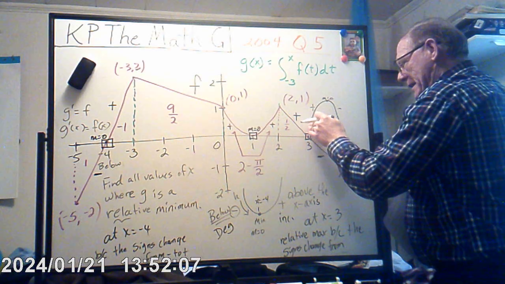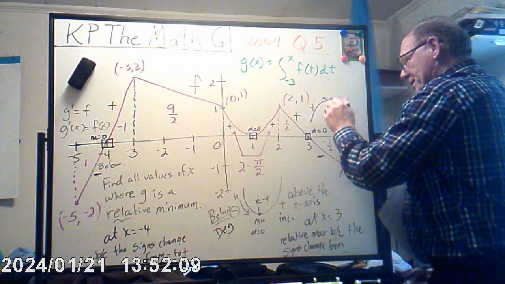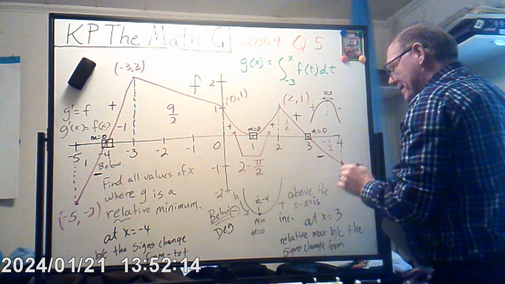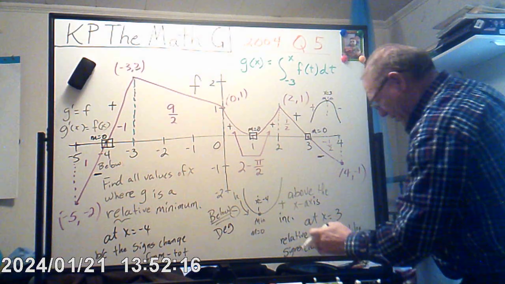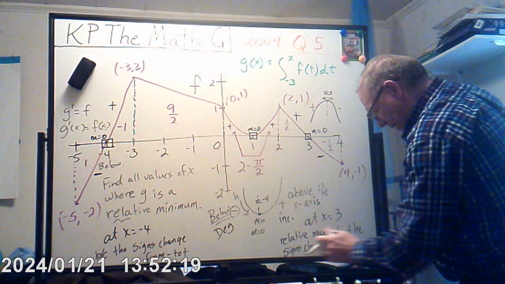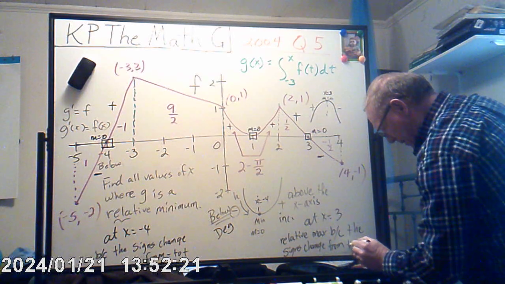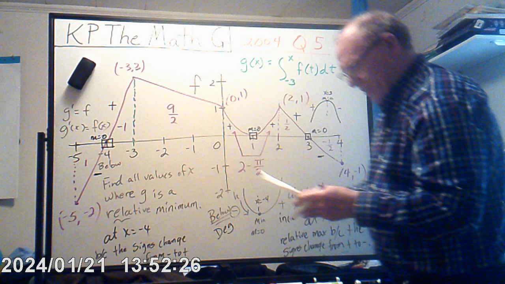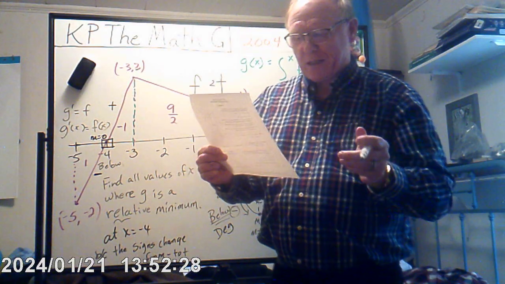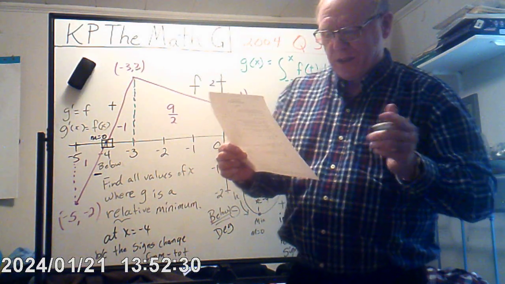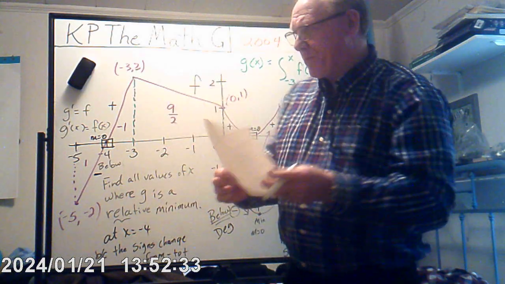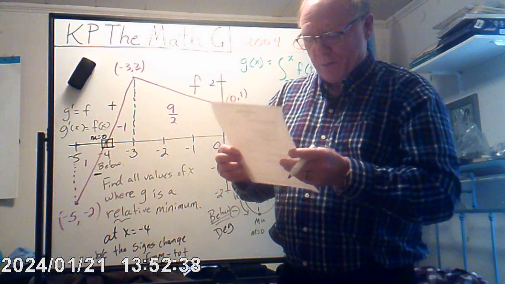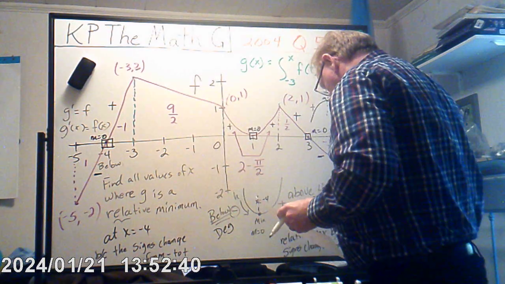The graph is increasing to this point right here, x equals 3. So it changes from positive to negative, and that's what it says: G has a relative maximum at x equals 3. This is the only x value where G prime, which equals F, changes from positive to negative.